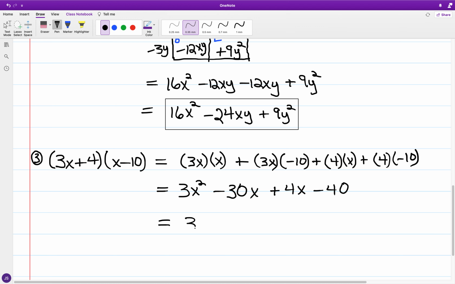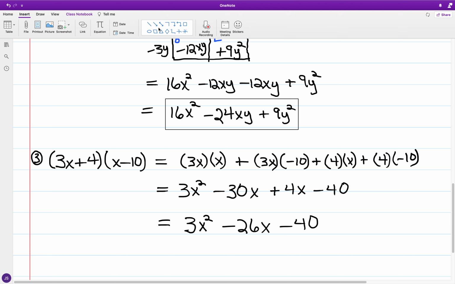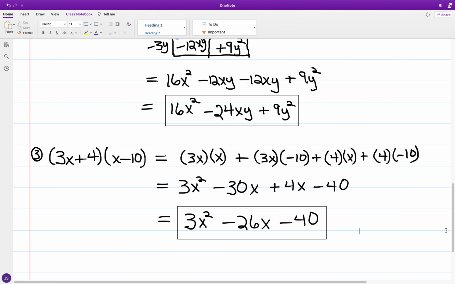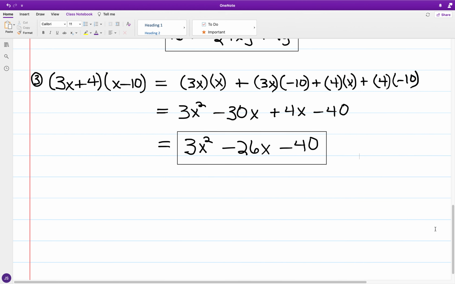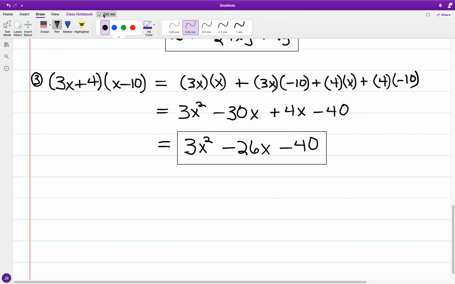And so we got 3x squared, and negative 30x plus 4x, so this will be a negative 26x. And then we have minus 40. Okay. All right.